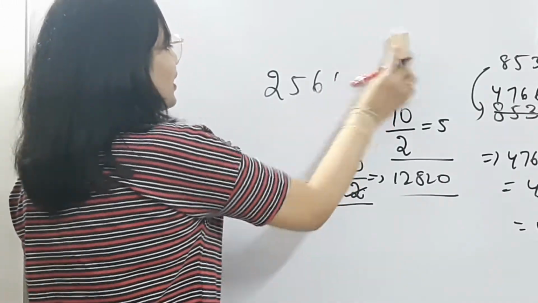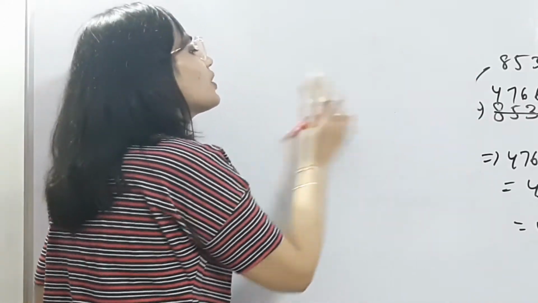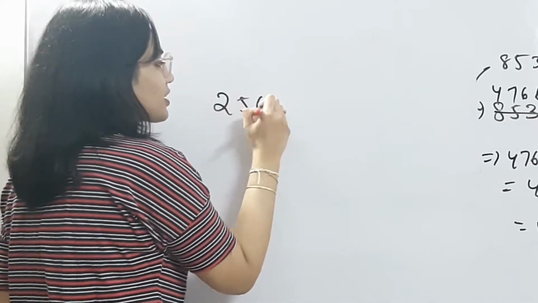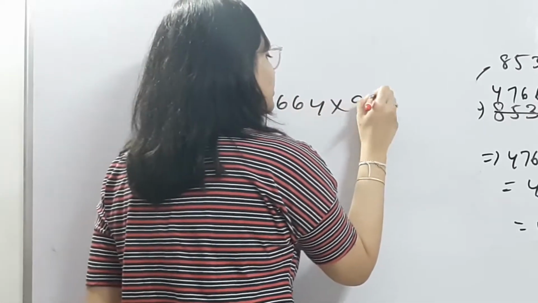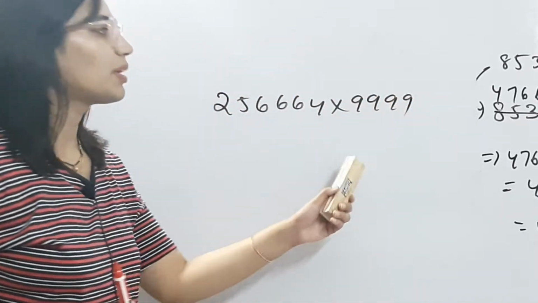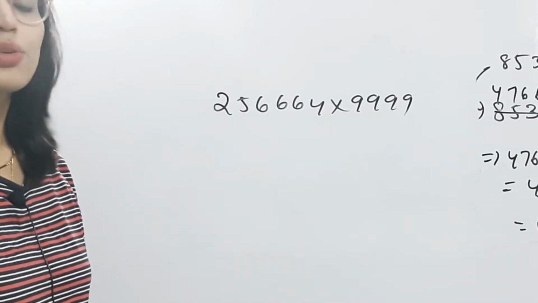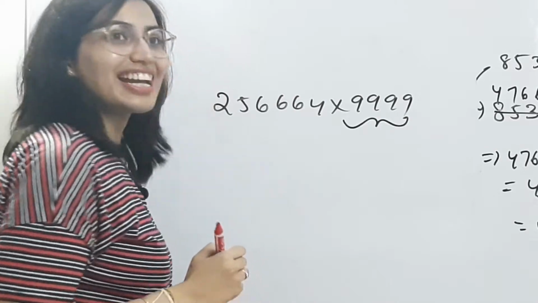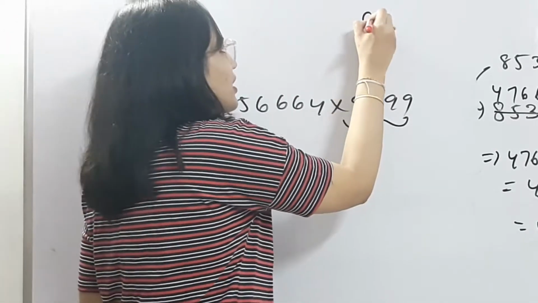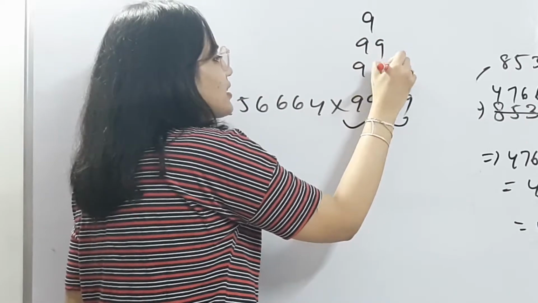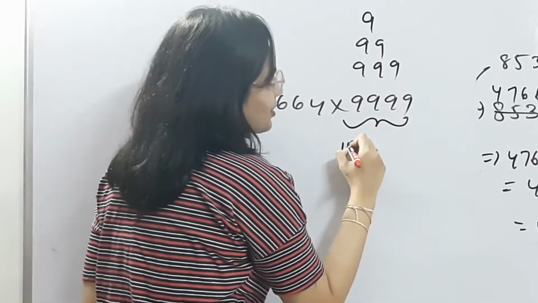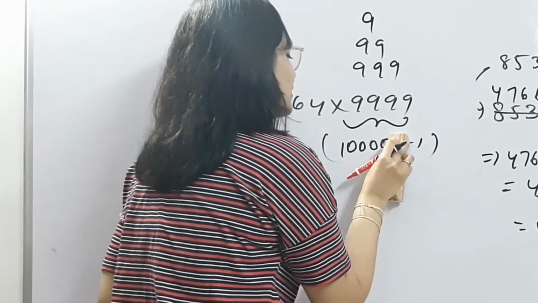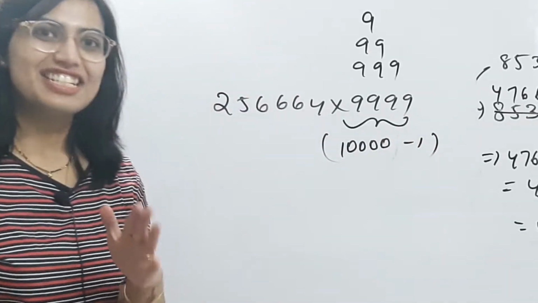Not only this, whenever I ask you or whenever you encounter a situation where you need to multiply any number, for example 256664 into 9999. I ask you to multiply this. How do I do this? You don't have a calculator. In such cases where we have 9s as a number, last digit 999, 999 and so on, what we do is we'll just consider this as the smallest next digit number minus 1.